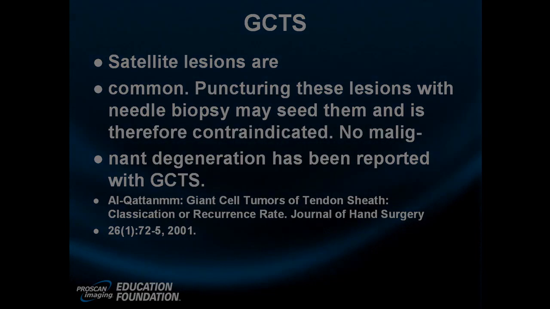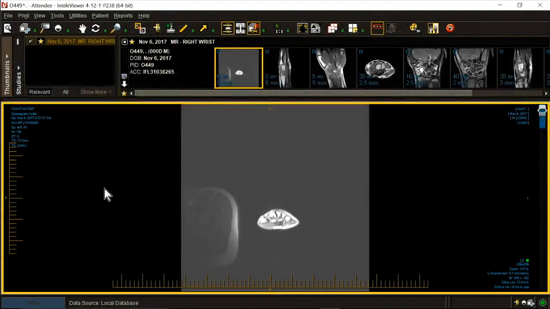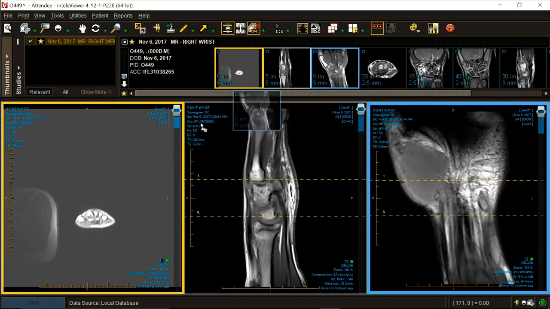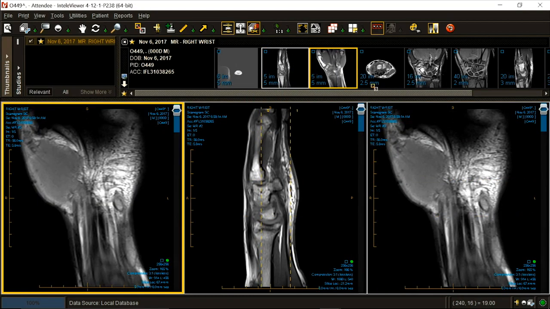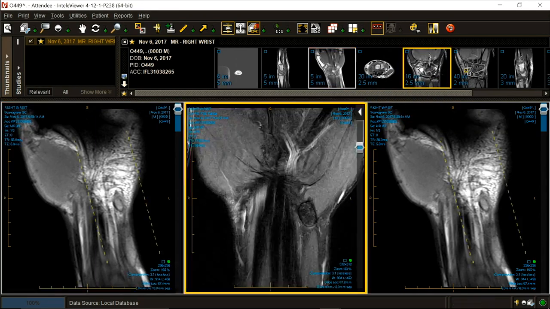Shall we look at another? That's a fun one. 16-year-old male, sharp aching pain since hockey injury 2 weeks ago. Fracture 2 years ago. Okay, unless it's tunnel syndrome, loose bodies, a mass, going straight coronal.